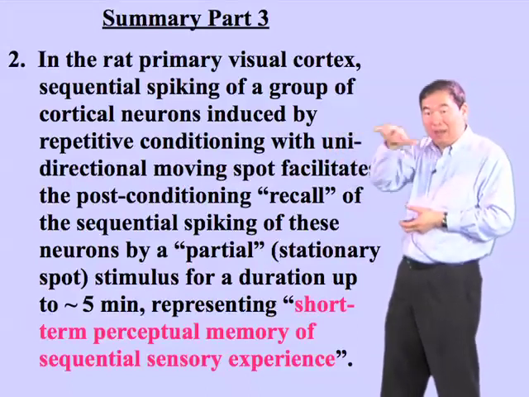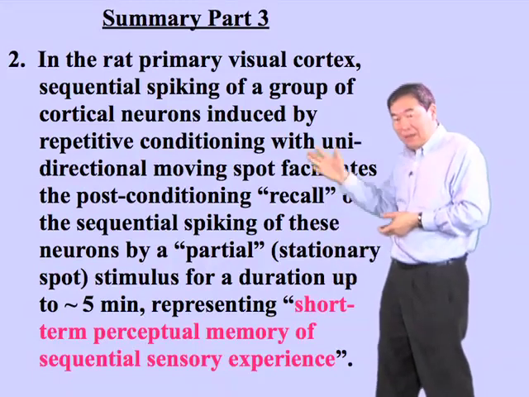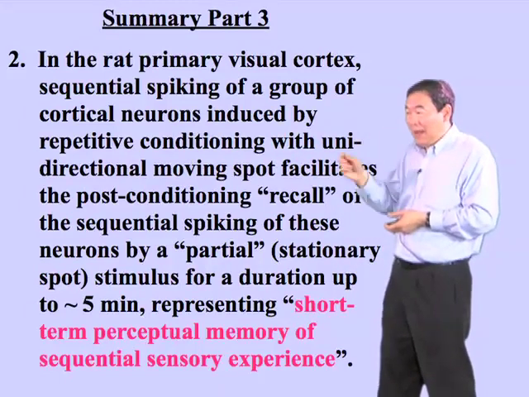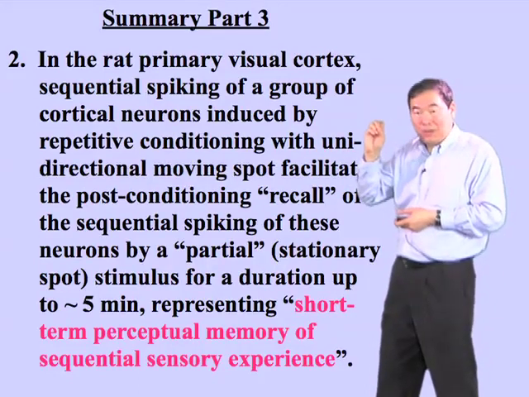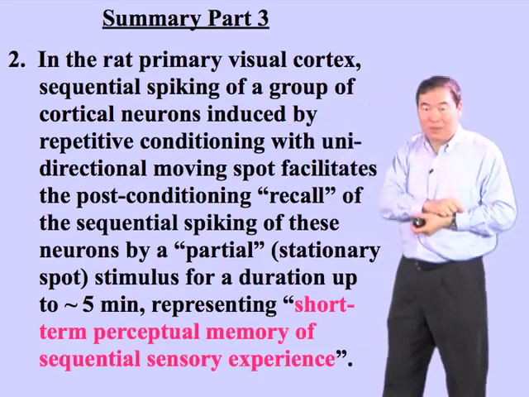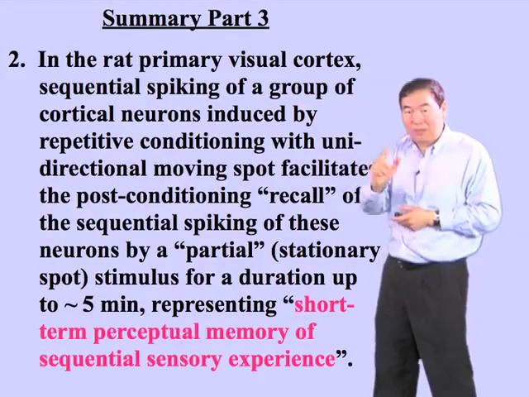That sequence spiking leaves its imprint, a short-term memory of that perceptual experience, and that experience can be recalled within 5 minutes by a partial stimulus, a spot stimulus at the start point of that spot stimuli.